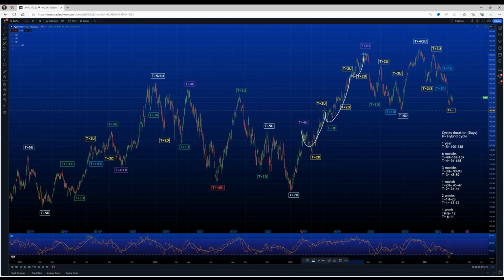That's why we haven't had time to stay lower to this top for a minimum duration to start a T plus 3. A T plus 3, a 3 month cycle, needs at least 13 days lower to the top in order to be defined as such.